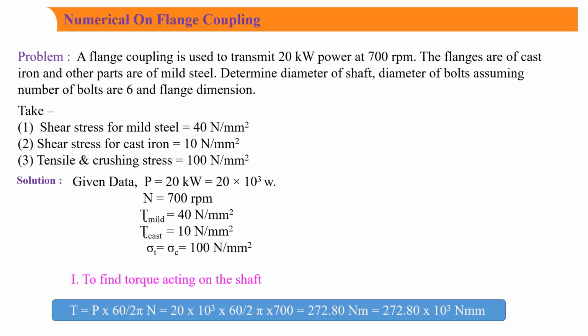Please see here, in the numerical the shear stress for mild steel is 40 Newton per mm square. Whatever the value is, we need to compare it with this 40 Newton per mm square, because they have clearly mentioned the flanges are of cast iron and other parts of mild steel. So we are designing the hub, and hubs are made of mild steel, so we need to compare it with the 40 Newton per mm square shear stress.